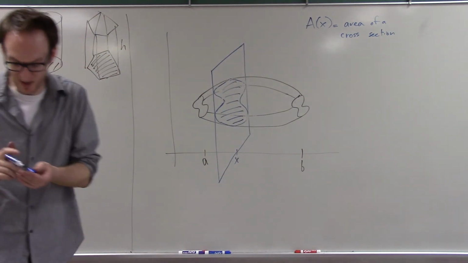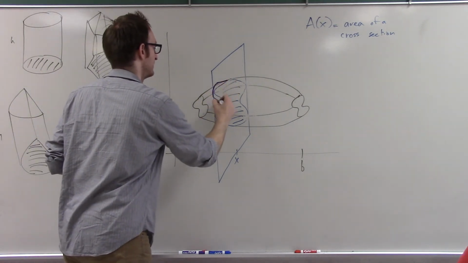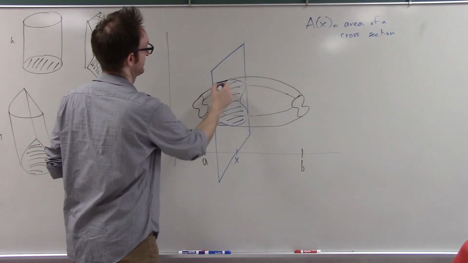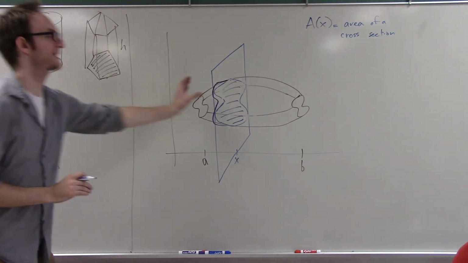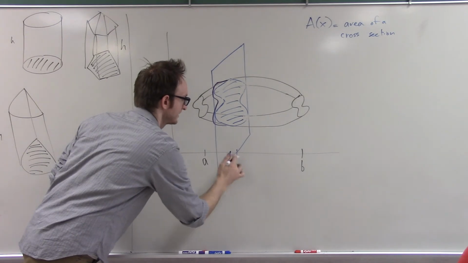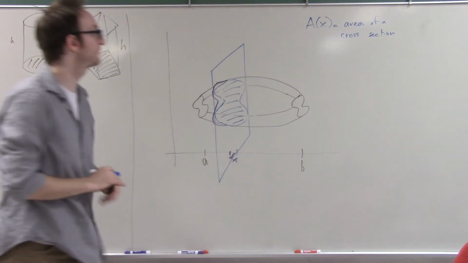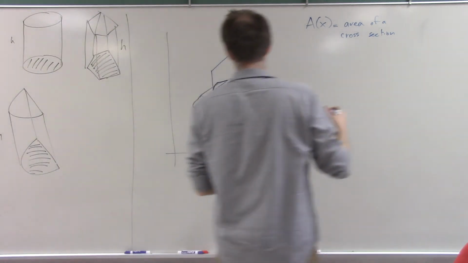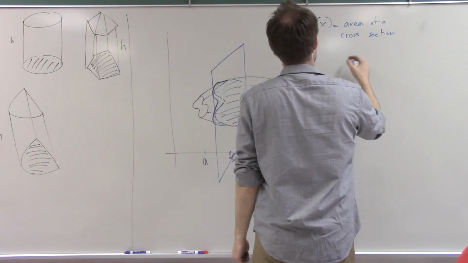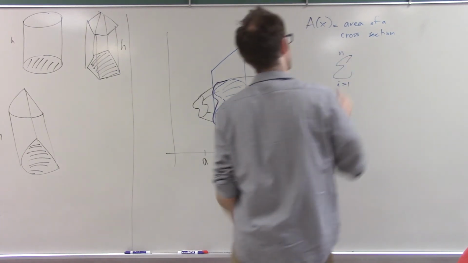Now I'm going to make it a little bit thicker. You guys see what I'm doing? I'm giving it a thickness, and the thickness is just dx. So if I want to find the volume of this fish, I'm going to take the sum from i equals 1 to n.